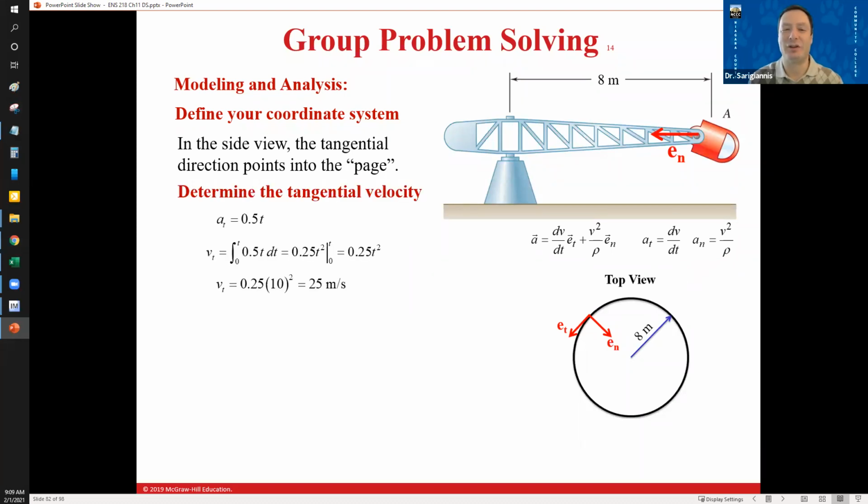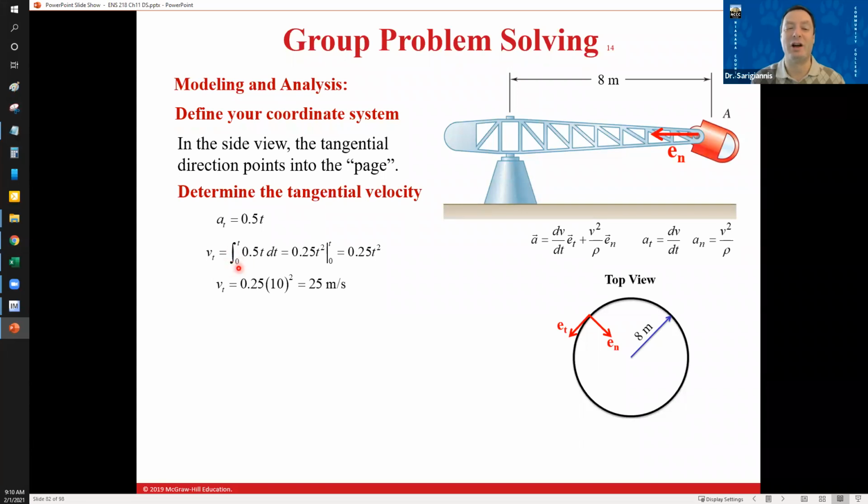And let's see, tangential velocity. We can start with the tangential velocity first. The tangential velocity is just the integral of the tangential acceleration. And we were told initially, so maybe I should put initial conditions in here. It's good to write down your initial conditions. At time equals 0, you're starting at time equals 0, which you already know is your starting point.